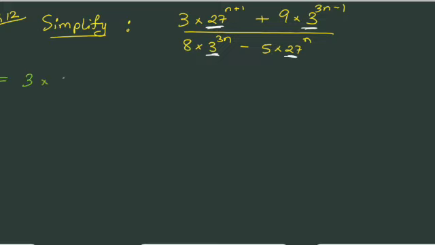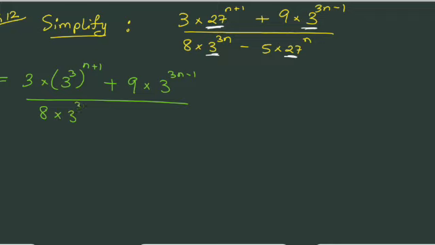3 into 3 cube raised to n plus 1. 9 can be written as 3 square, but there is no variable, so we will keep 9 as it is. 3 raised to 3n minus 1 as it is. 8 into 3 raised to 3n as it is, minus 5 into 27, which is 3 cube raised to n.